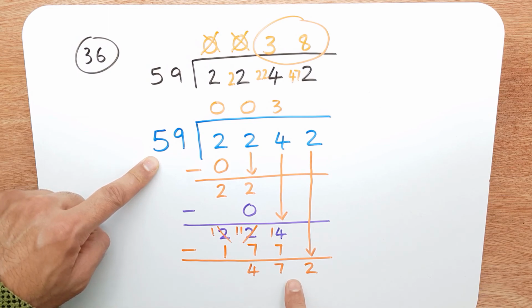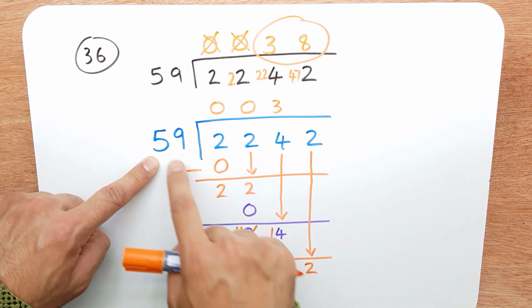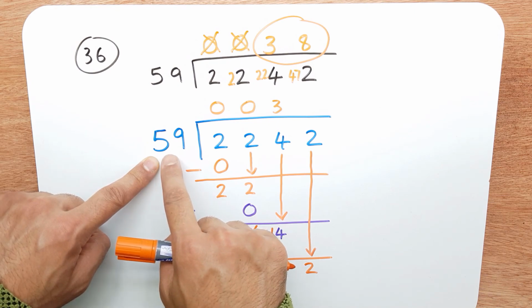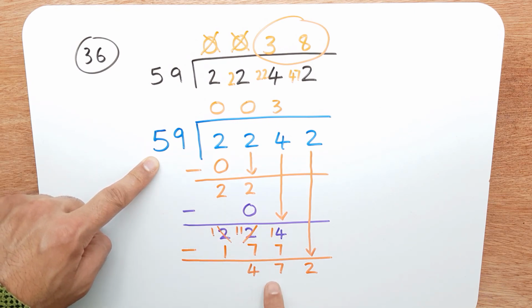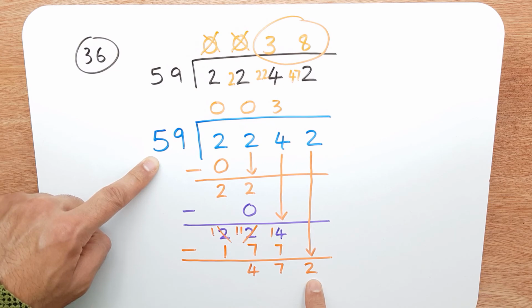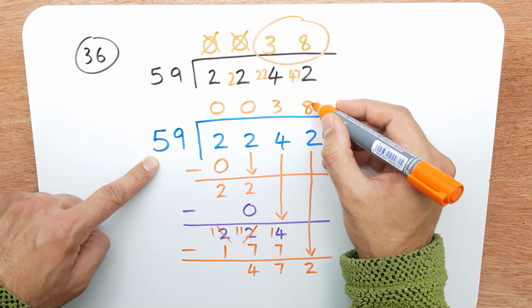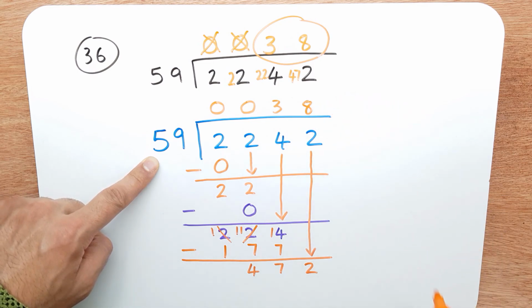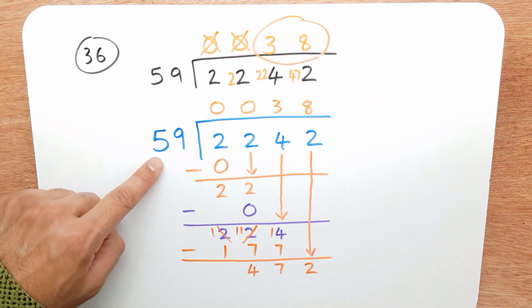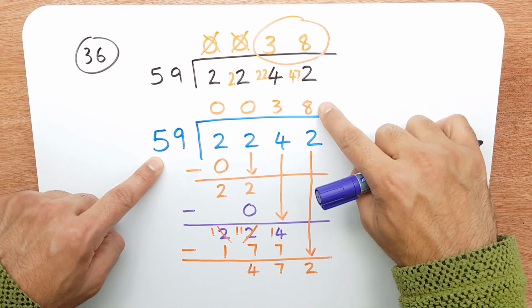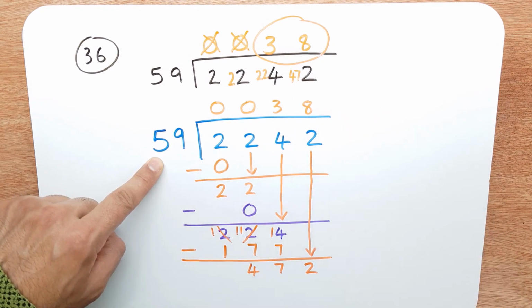And we have to share 472 by 59. So how many 59s are there in 472? And we worked that out earlier and it's 8. So we put 8 here. Now for the final step, we simply do 59 times 8 is 472.